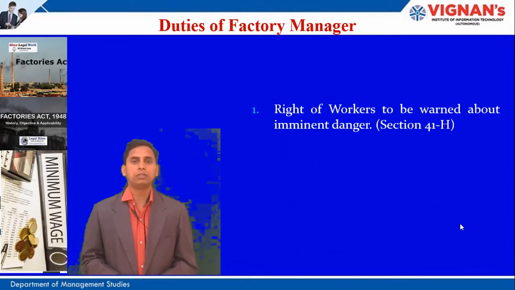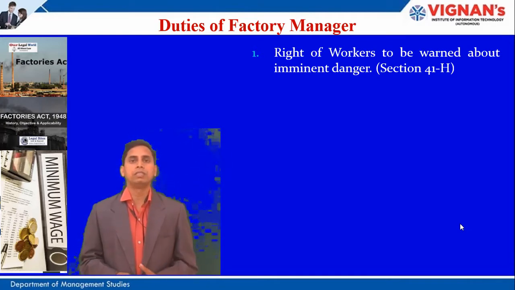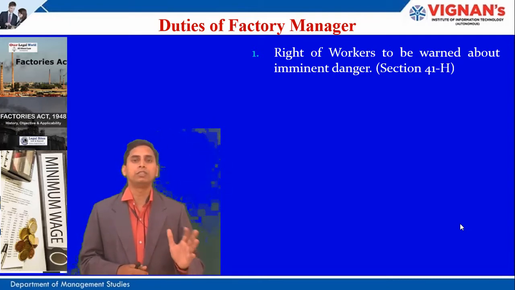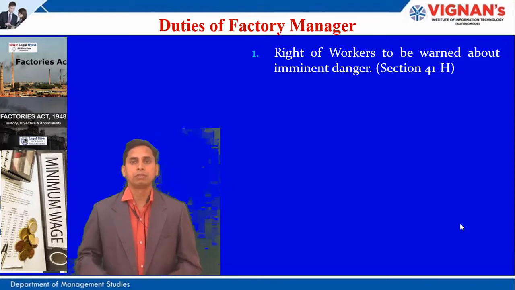Now, what are the duties of a factory manager? The person in the company who is responsible for the incidents that happen in the company is the factory manager. One duty is the right of workers to be warned about imminent danger.